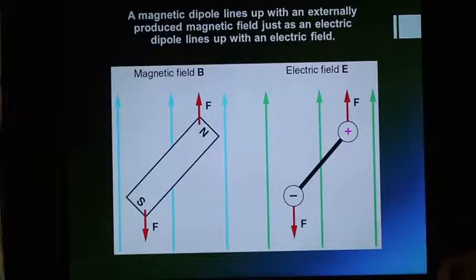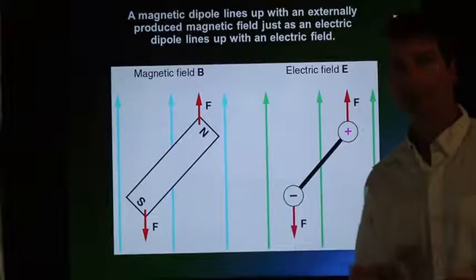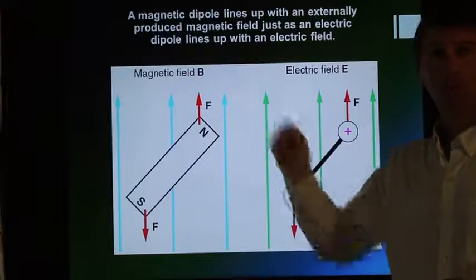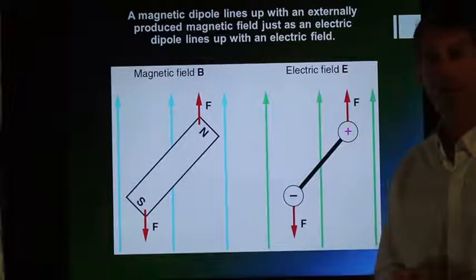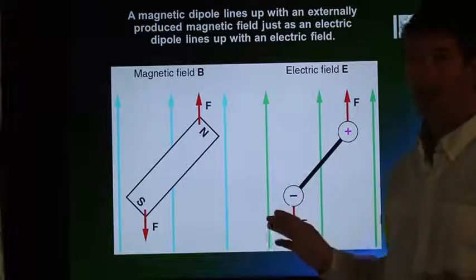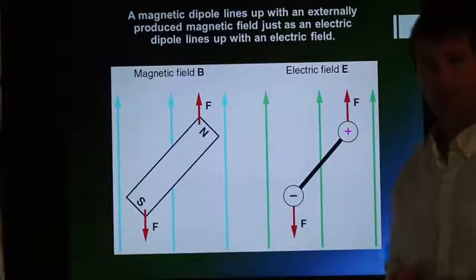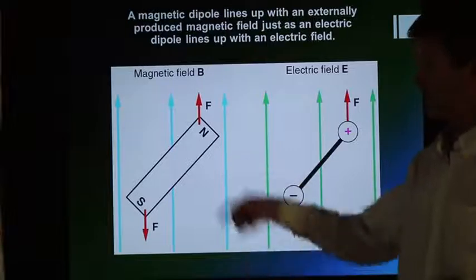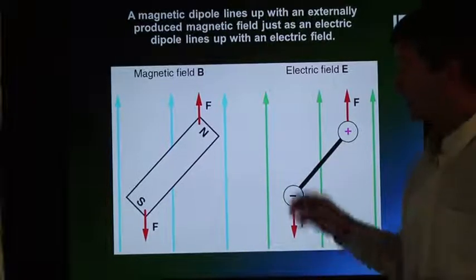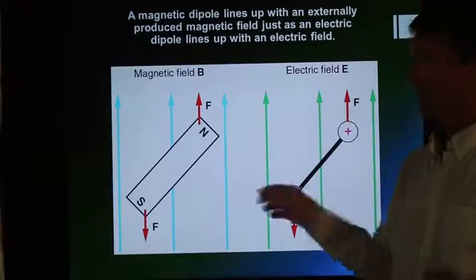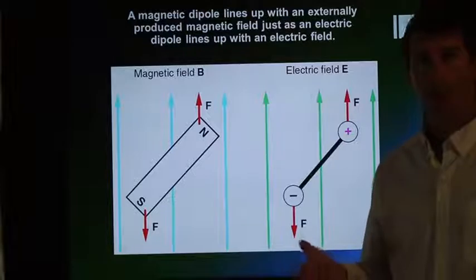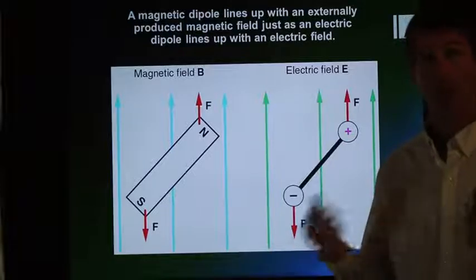In a magnetic field, a magnetic dipole will orient itself such that the north pole will align itself in the direction that the field is traveling. The south pole will align itself in the opposite direction. So really, placing a magnetic dipole within a magnetic field creates a torque rather than a net force.